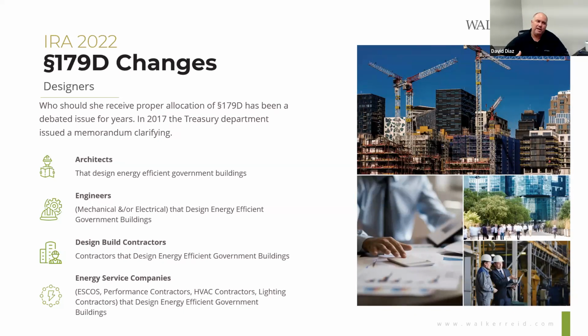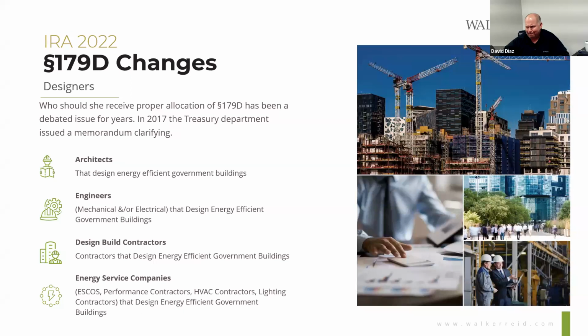So essentially you had folks erroneously claiming deductions that should not have been taking these deductions. And one of the main reasons for that is there's some flexibility or some gray area around the definition of the designer and who is a designer and who should be allocated this tax deduction as a designer.